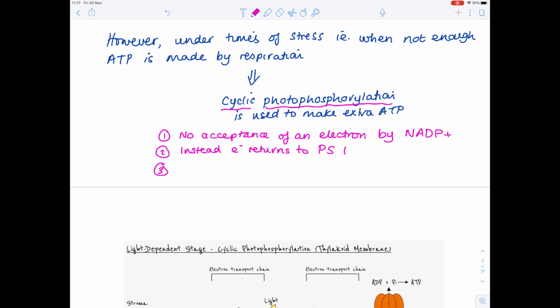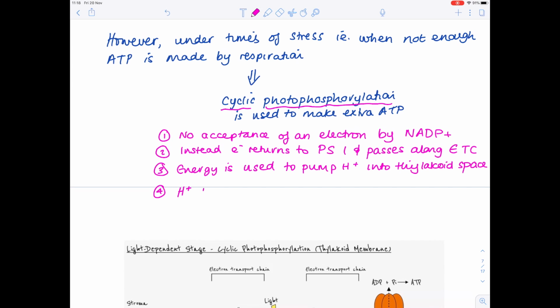As that excited electron passes along the electron transfer chain, the energy is used to pump hydrogen ions into the thylakoid space. That's an 'and' sign. So that electron passes along the electron transport chain. Energy is used to pump hydrogen ions into the thylakoid space.